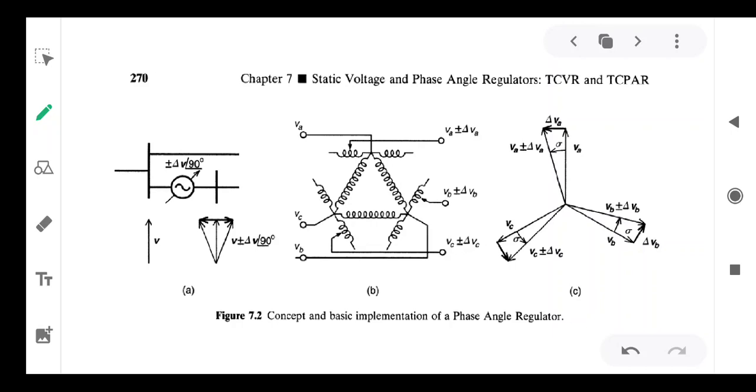Next, phase angle regulator. So in addition to voltage control, you can also control the phase angle of the device so that the power flow can be controlled as per your requirement.